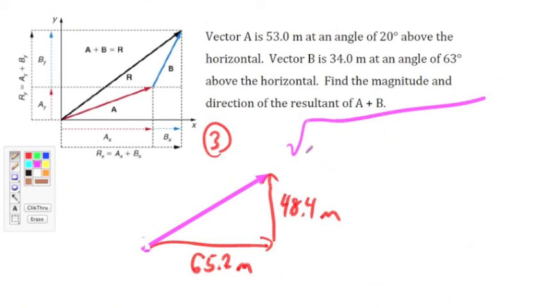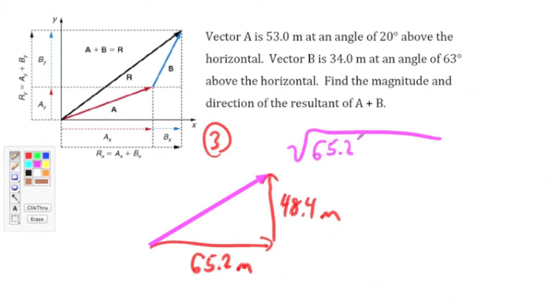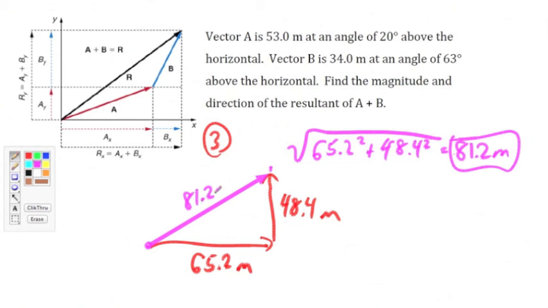So, 65.2 squared and 48.4 squared. I figure out that the magnitude of this is 81.2. I figured out that the distance from here to here, the change, is 81.2 meters exactly.